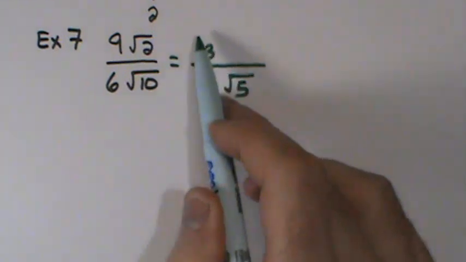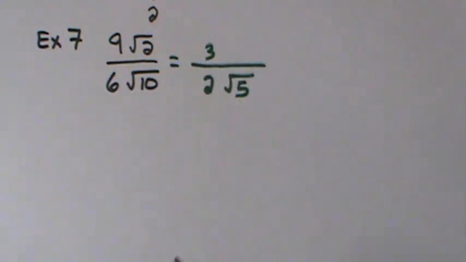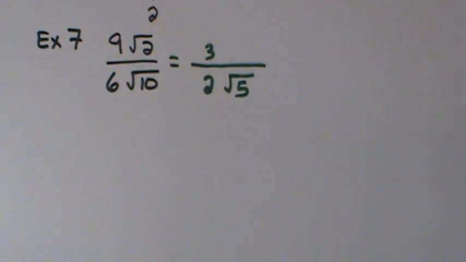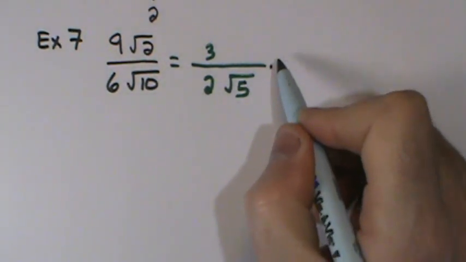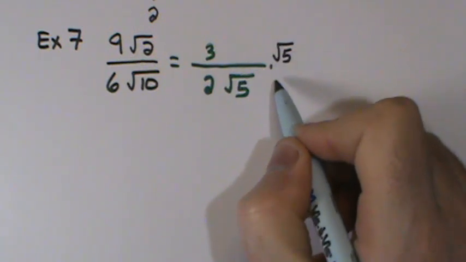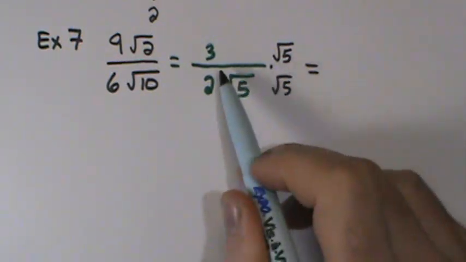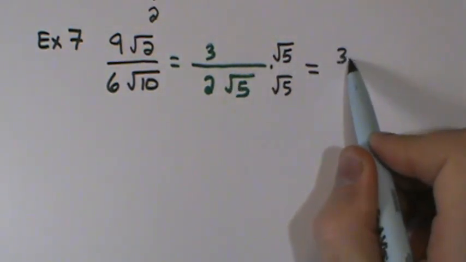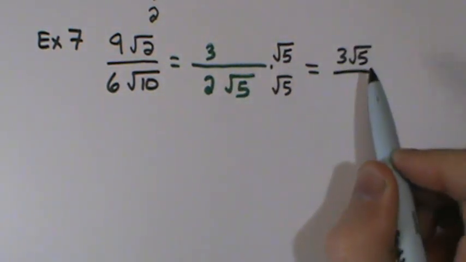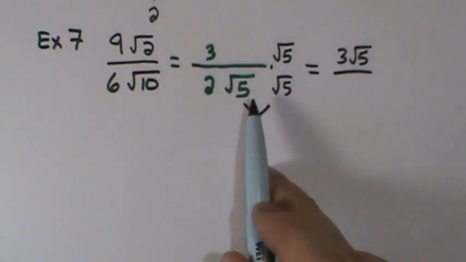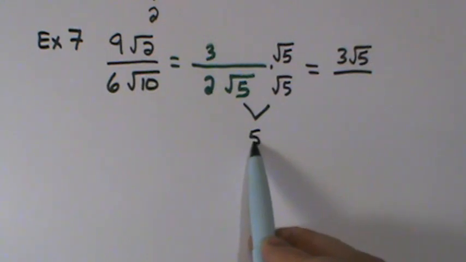And it lets me basically restart this problem. And now as I look at this, I recognize that I still have the issue of having a radical in the denominator, but it's an easy fix. I can multiply the top and the bottom by a rad 5. And this takes me to 3 rad 5 over, and just like I did in the last problem, the rad 5 times the rad 5 is just a regular 5.